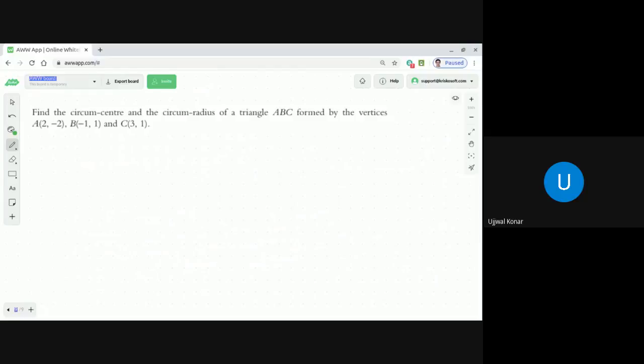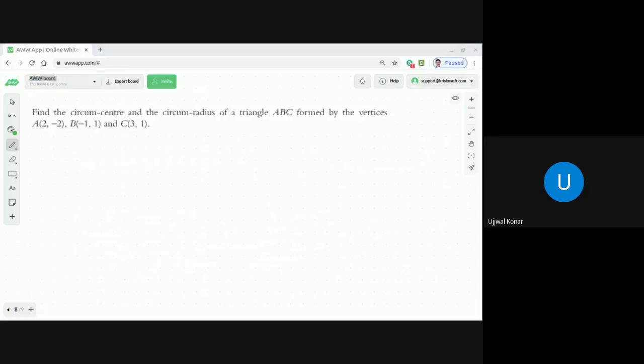Find the circumcenter and circumradius of a triangle ABC formed by the vertices A(2, -2), B(-1, 1), and C(3, 1). I need to explain this to you.